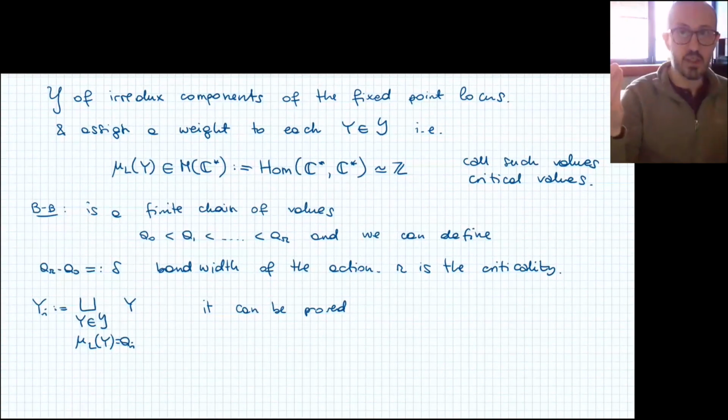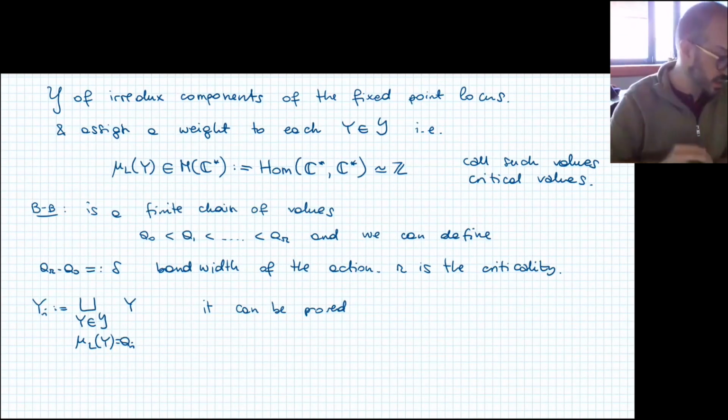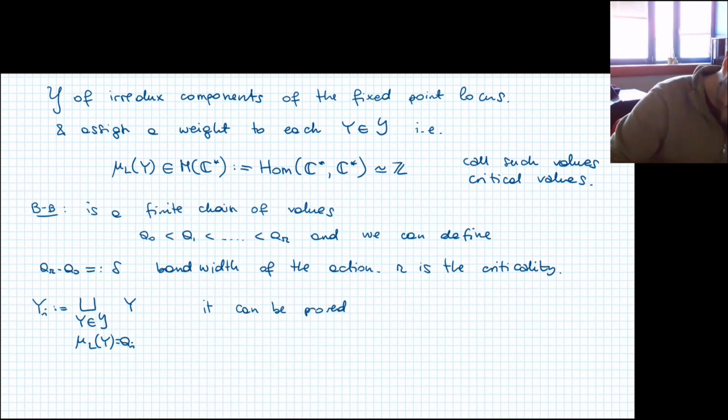The initial and the terminal components are irreducible. So this will be Y plus, and this will be Y minus.